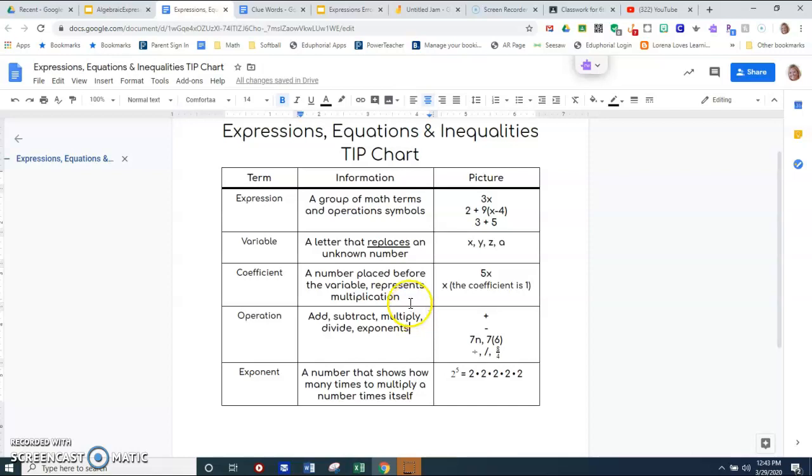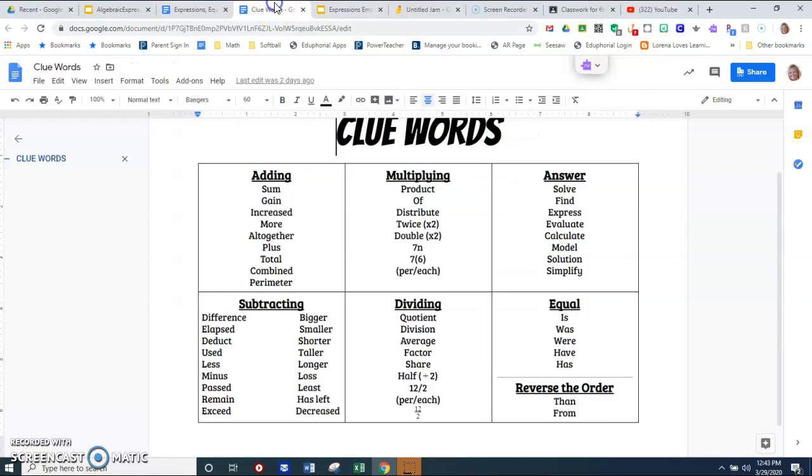So you have to have operations in expressions. That operation could look just like 5 times x, which is 5 times a number. So using the clue words from yesterday, we're also going to be talking about reversing the order. So when you see the word than or the word from, we're going to actually reverse the order, and I'm going to show you exactly what I'm talking about with that.